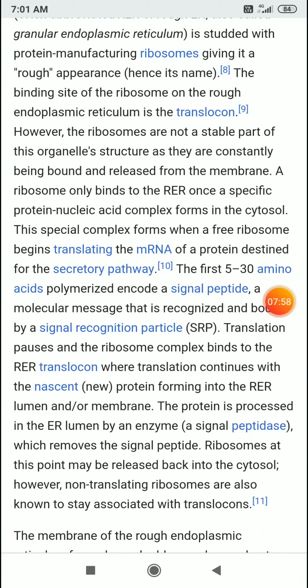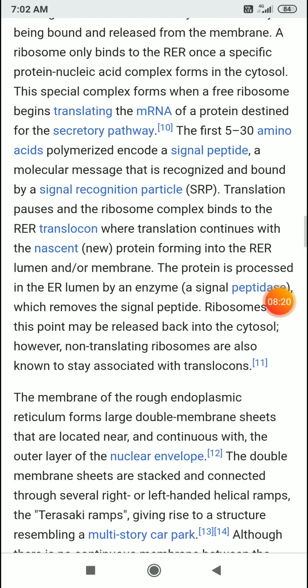The protein is processed in the endoplasmic reticulum lumen by an enzyme which removes the signal peptide. The ribosome at this point is released back into the cytosol. Non-translating ribosomes are also known to stay associated with translocons.